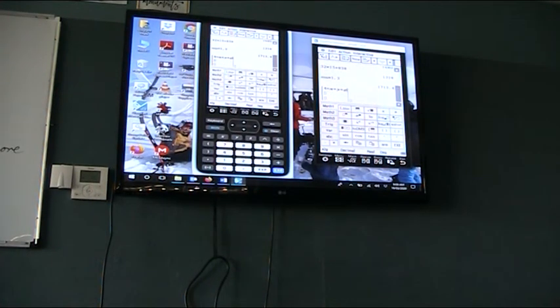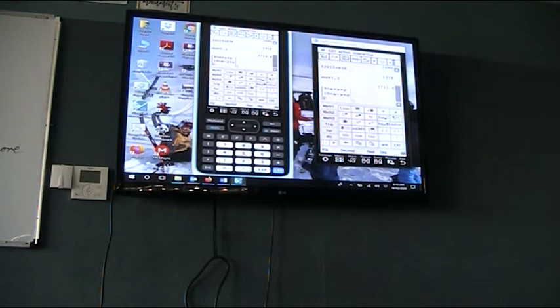There's one equation. Then you can either click or use your navigation, go down. The next one is 10 equals a minus b plus c, so x minus y plus z.